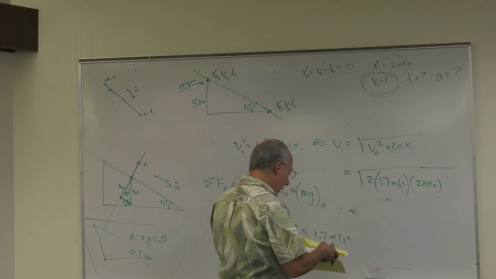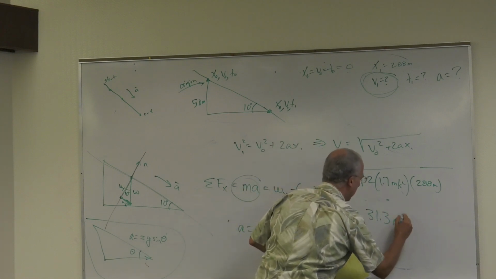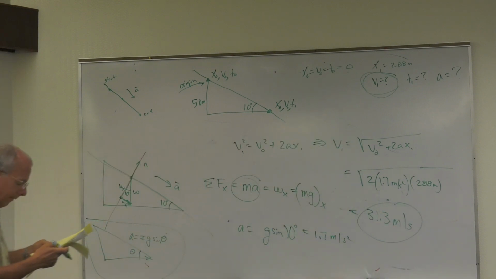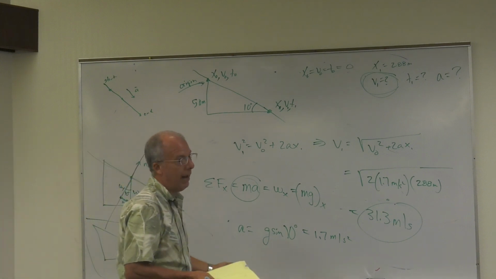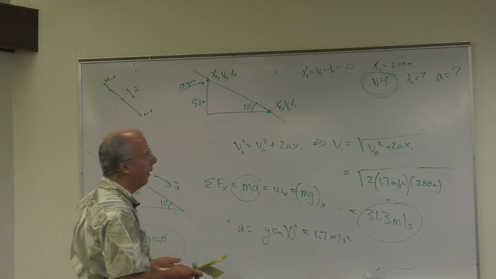And plug that in. We get 31.3 meters per second. Okay. Now, is that reasonable? Well, I mean, it's really going fast, right? But it says frictionless, so it's reasonable, okay?